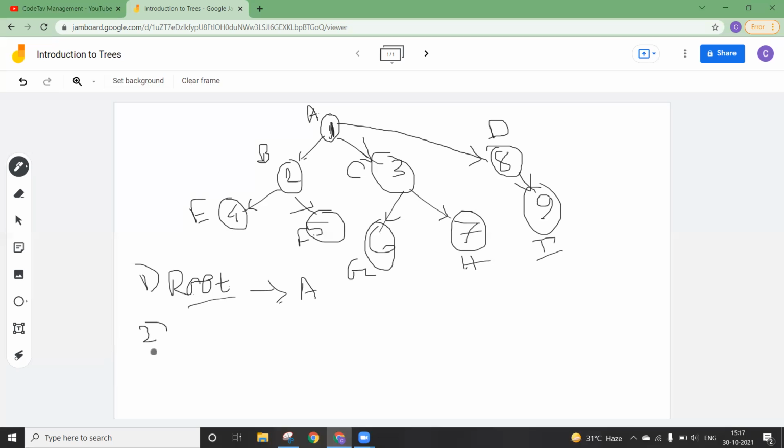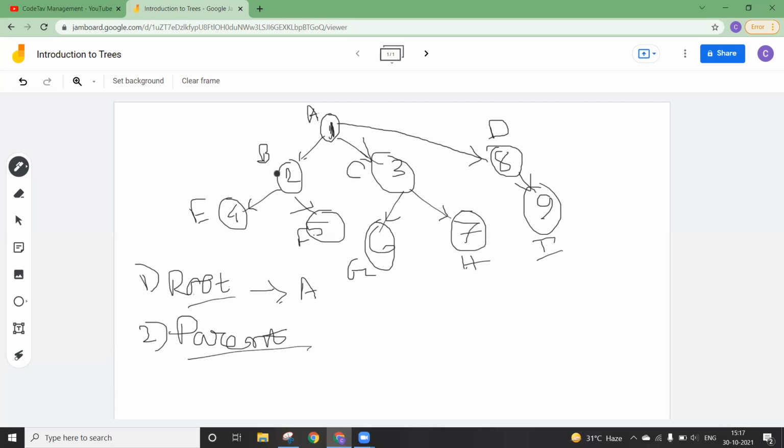The second terminology is the parent. Any node which has an edge pointing to some other node is called the parent node.